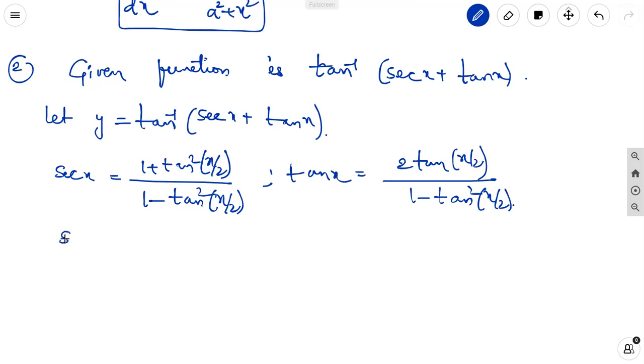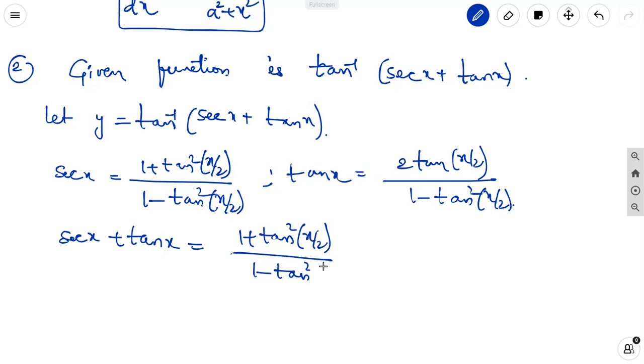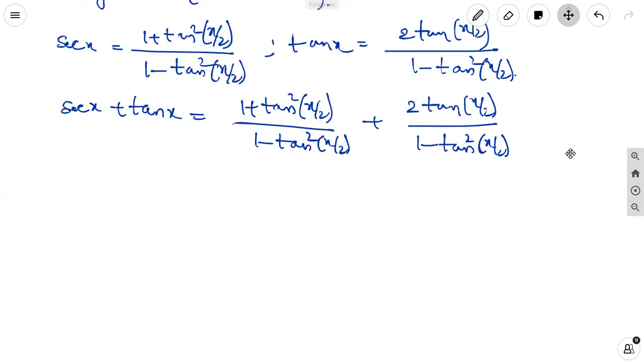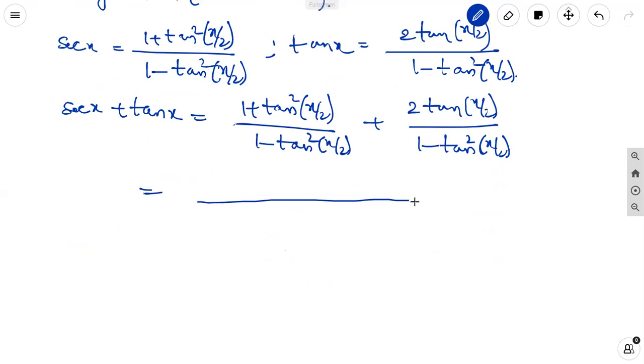Both should be added: secant x plus tan x equal to 1 plus tan square of x by 2 by 1 minus tan square of x by 2 plus 2 tan of x by 2 by 1 minus tan square of x by 2. Taking LCM for the two terms, 1 minus tan square of x by 2 is the LCM denominator part.